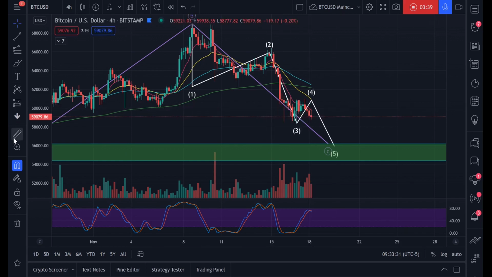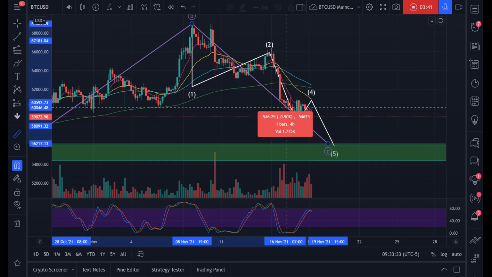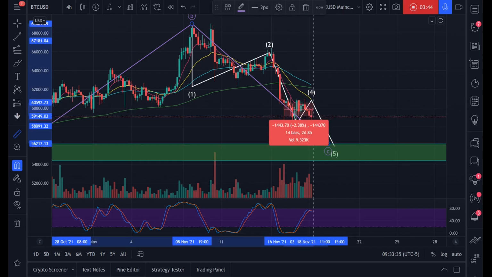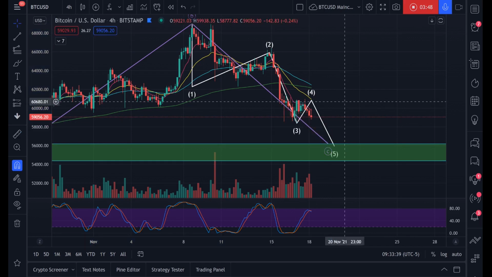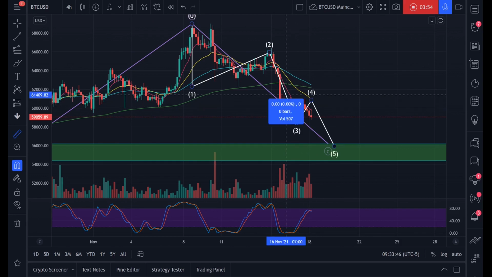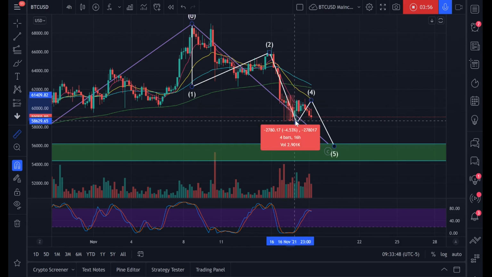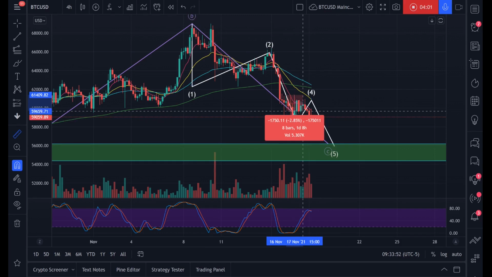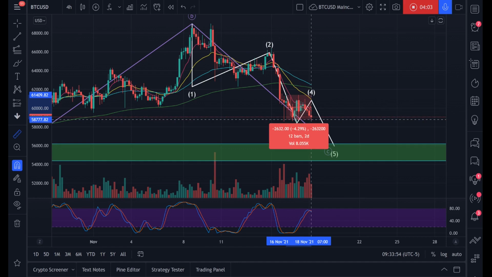We've been in the range of 61.5 to 58.7 for approximately 2 days.